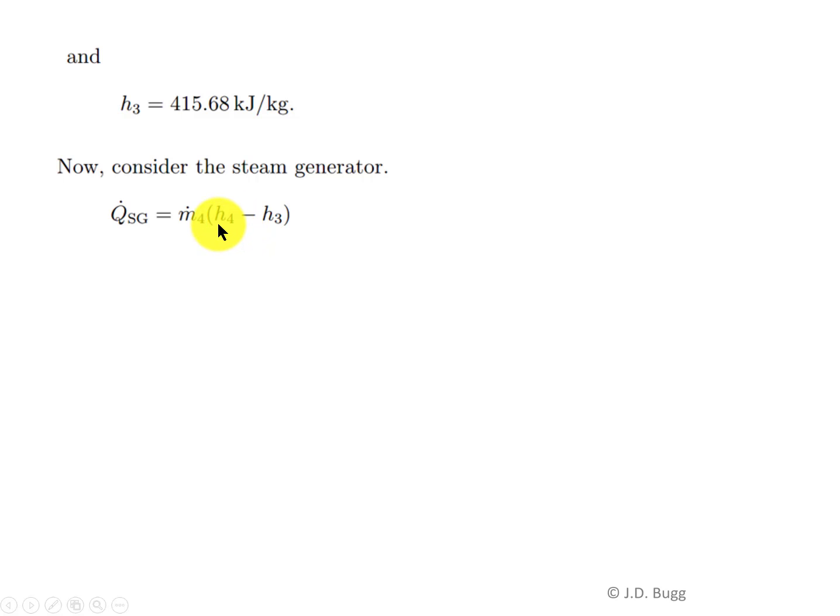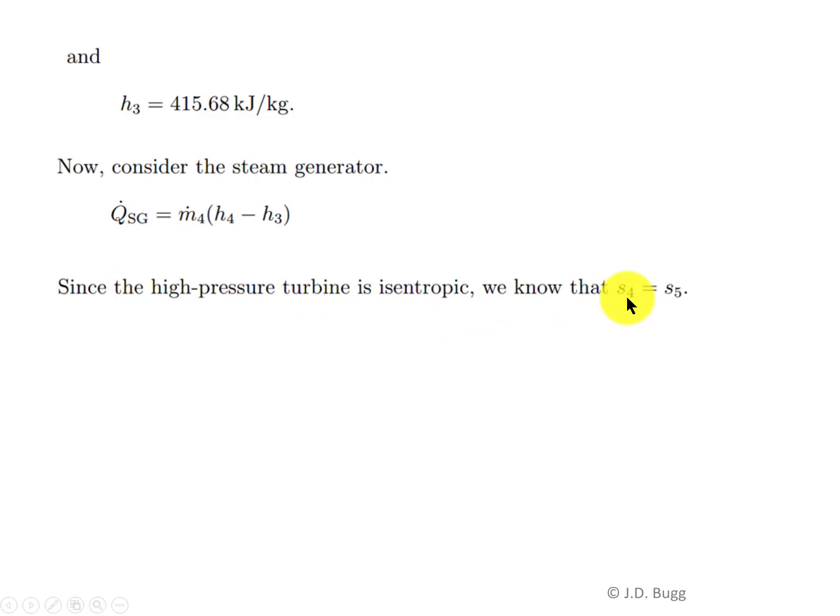Well, if we look ahead to the first turbine, we realize it's an isentropic turbine because this is an ideal Rankine cycle. So that means that S4 equals S5. So the entropy at 0.4, which is the point we're currently interested in, is the same as at 0.5 because it's an isentropic turbine.